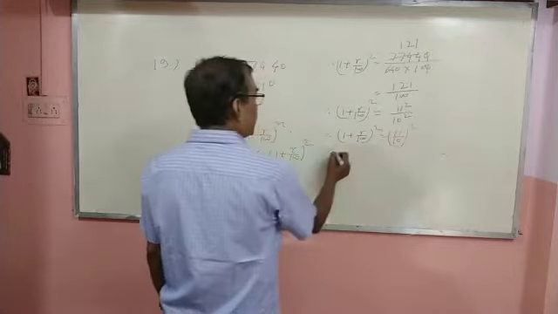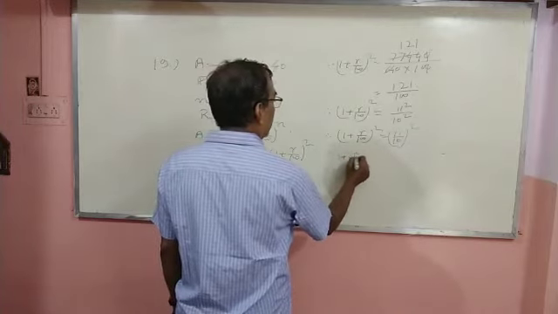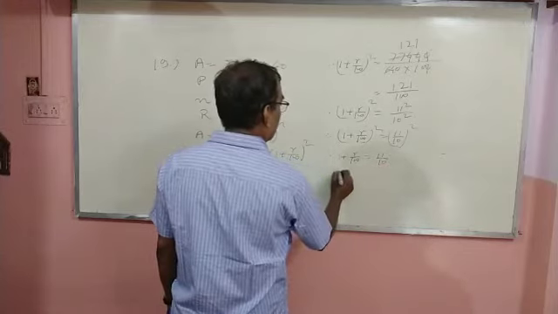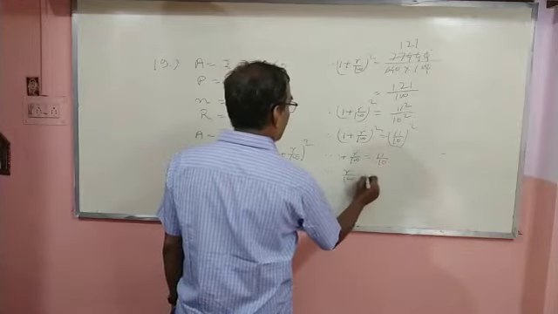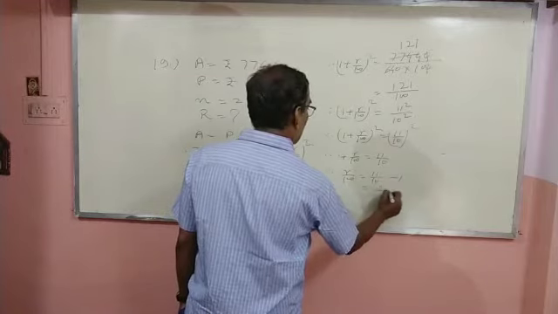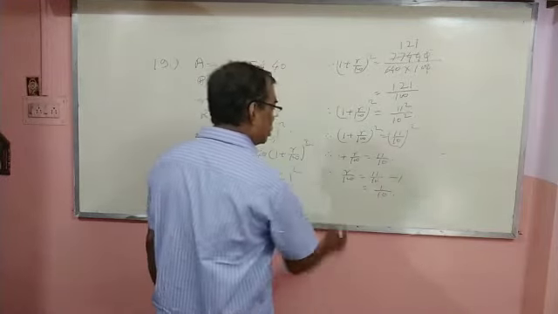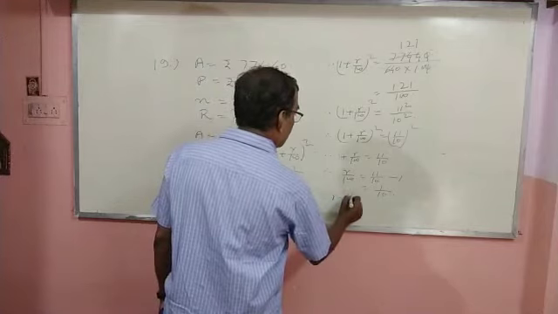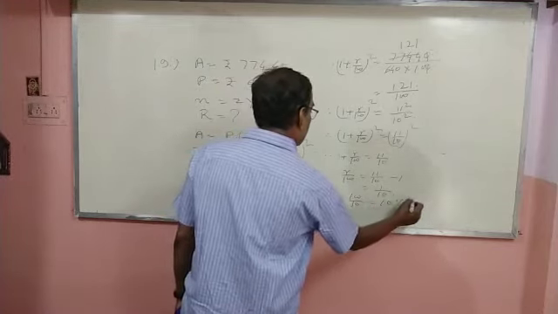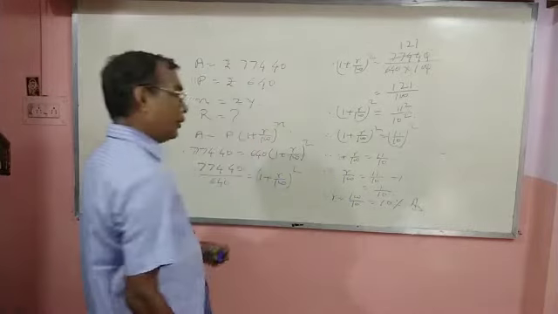If the powers are equal, then the bases are also equal, from the law of indices. So 1 plus R by 100 is equal to 11 by 10. Therefore R by 100 is equal to 11 by 10 minus 1, which is equal to 1 by 10. So R will be equal to 100 by 10, which becomes 10%, and that will be our answer.